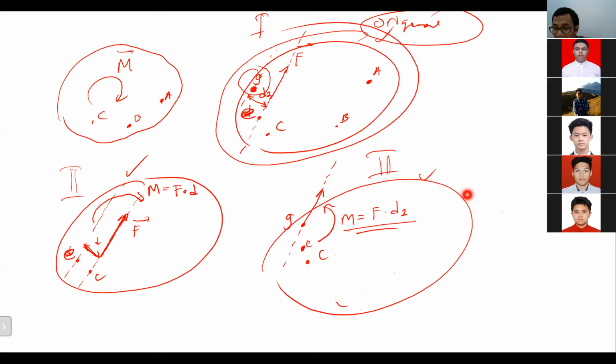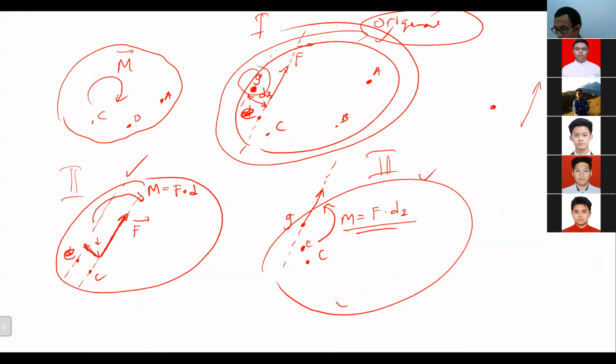I still don't quite get it. So make it like this. Never think that moment is always clockwise. For example, I have a force like this. This is the center of rotation, okay?